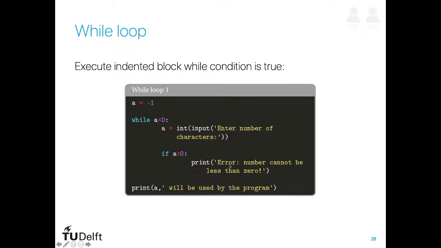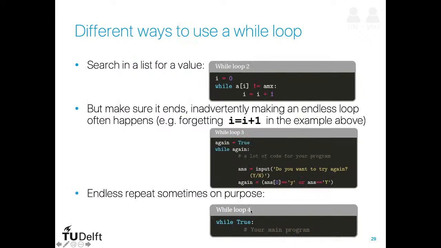So error, the number cannot be smaller than 0. And as soon as the user enters a value that is bigger than 0, then the while condition is no longer true because A is bigger than 0, and then it will jump out of the loop and go to the remainder of the code. And so in the end it will print the finally chosen value of A with a little message connected to it. So there's a couple of different ways in which you can use a while loop.